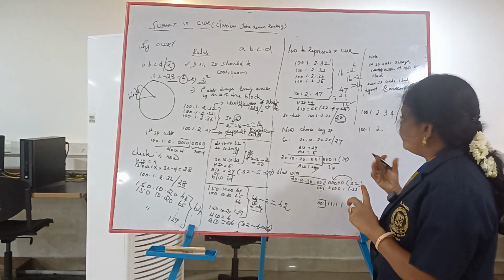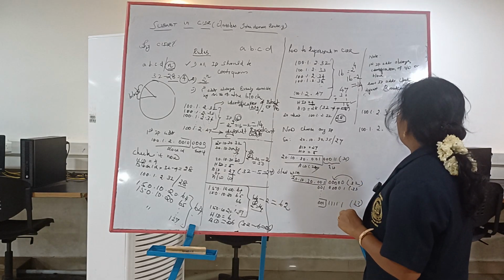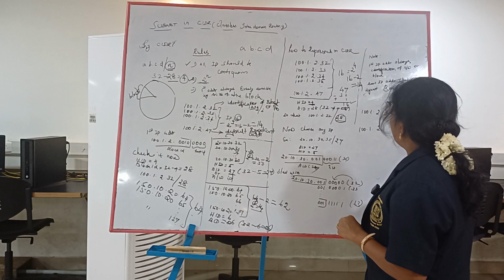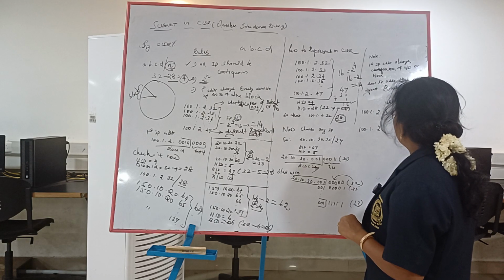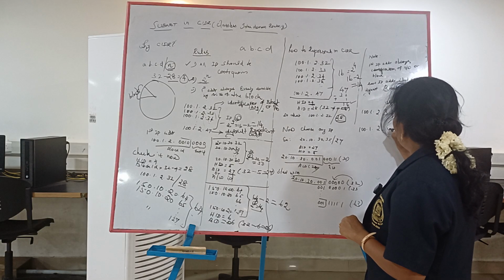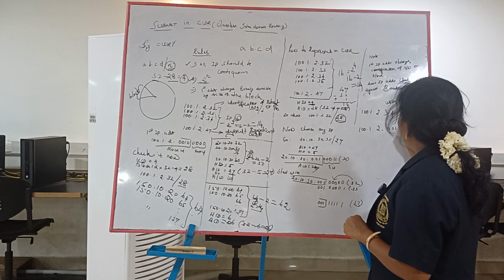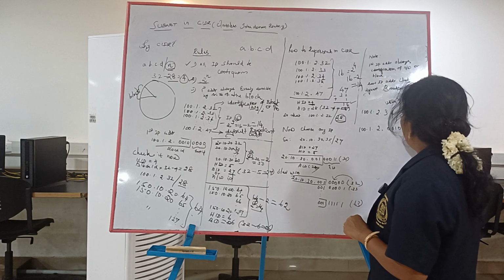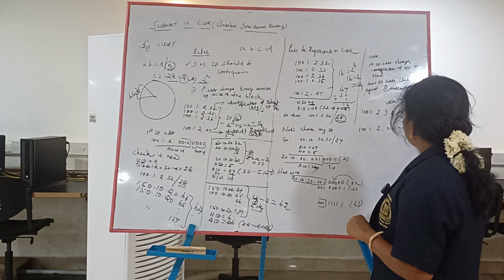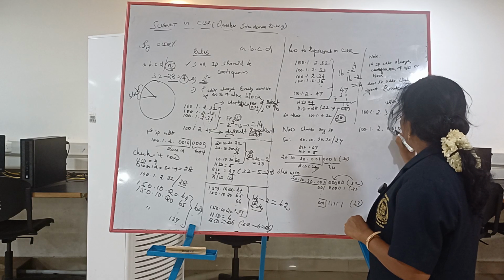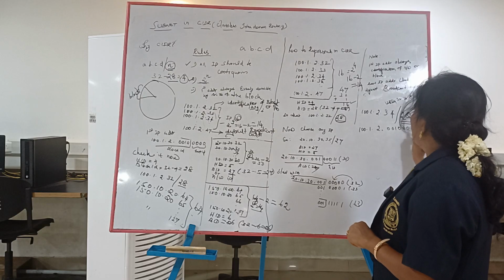So you should write 100.1.2.34. What is the equivalent binary of 34? Using the place values 1, 2, 4, 8, 16, 32, 64, 128, 34 is 32 plus 2. So it is 0 0 1 0 0 0 1 0. 32 plus 2 equals 34.